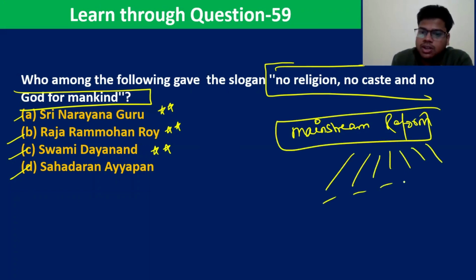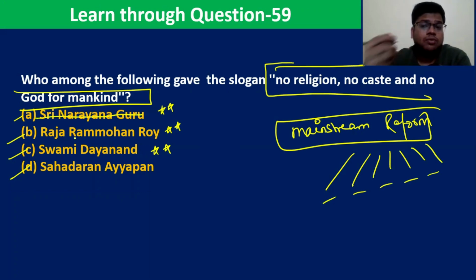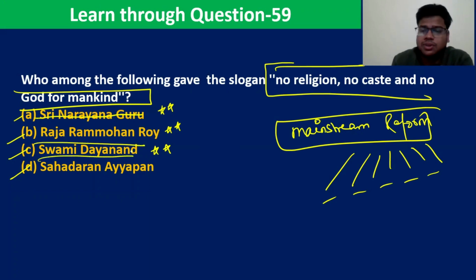So when you know their major work, you can eliminate. Sri Narayan Guru won't be there; we have discussed his quote was one caste, one religion, one God. Raja Ram Mohan Roy, no, he was not there. We have not read something like this. Dayanand has also not said this.